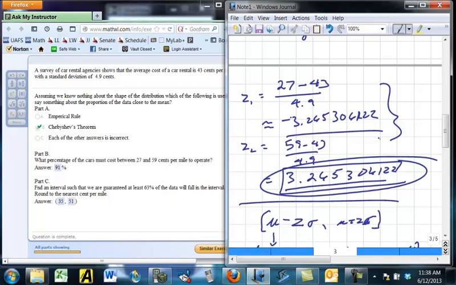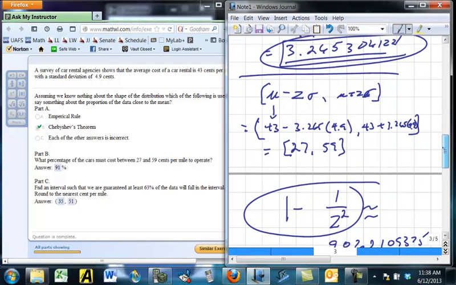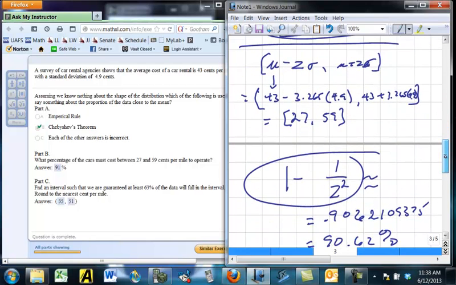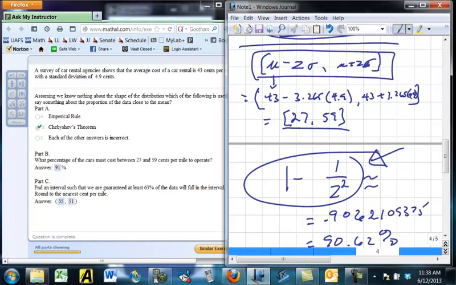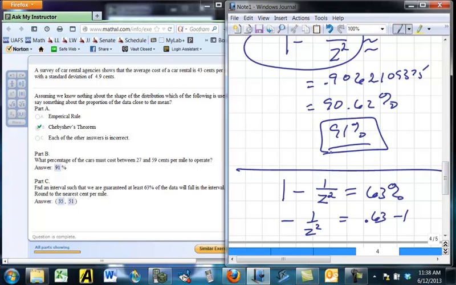In this case, if they weren't opposites, we could go with the one with the smaller absolute value and use it. But in this case, they're the same, and so we can plug into this formula right here, with that particular z value and mu and sigma, and we can find the interval. That is the interval. So then we plug in this formula right here with that z value, and that finds the percentage.